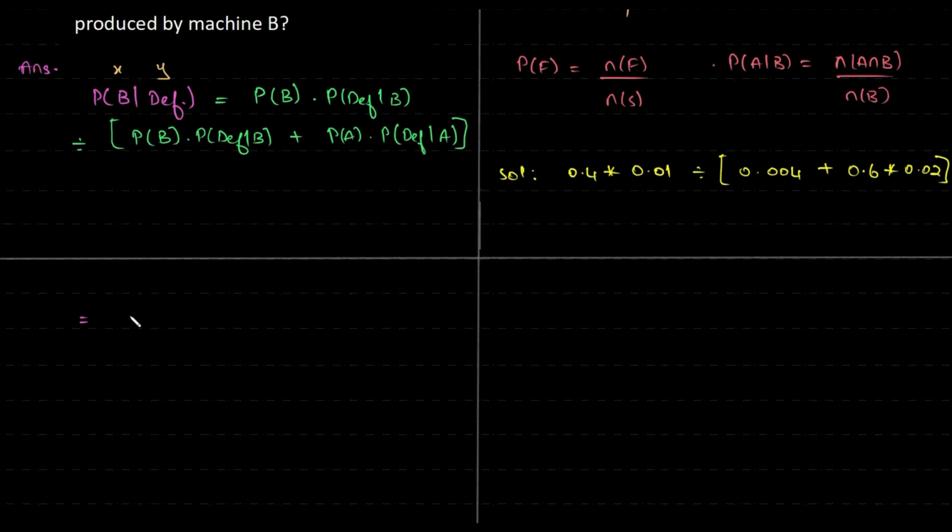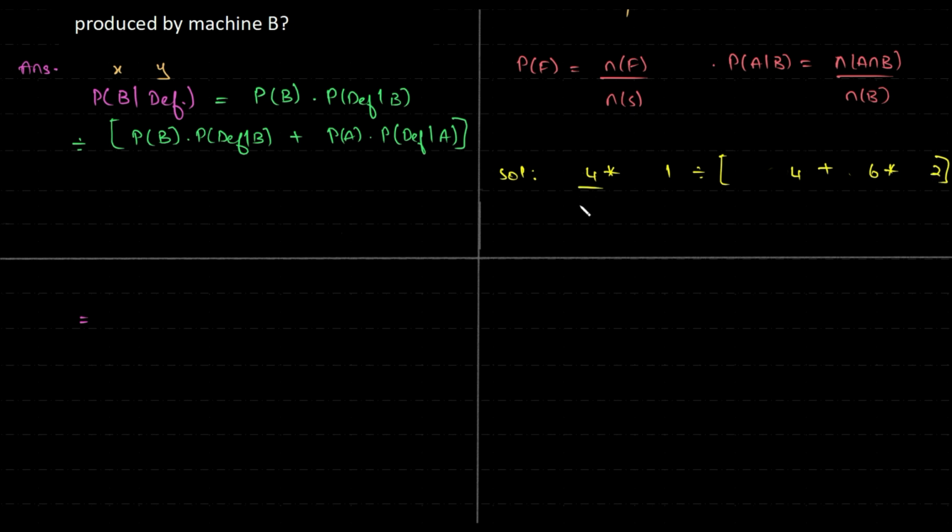And now we have a simple matter of calculation. Actually, I could have written it as 4 by 10 and 1 by 100. That is much more convenient. If not, you guys will make mistakes. I'll go with that presentation.